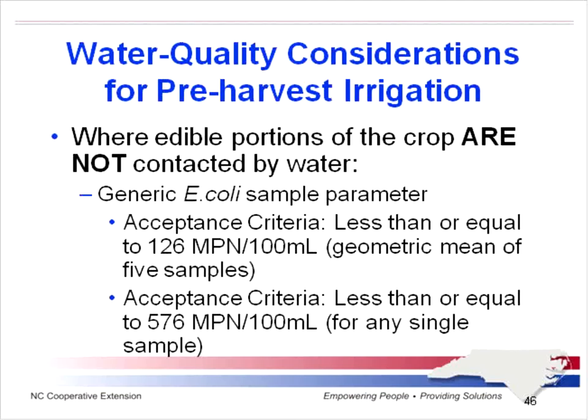Now the next question I know that you all have immediately is, where did they get these numbers? Since there aren't hard science numbers in the industry to support irrigation water quality, we have to look for guidelines from other industries. In this case, they got together a consensus of experts in water quality and looked for guidelines that exist already. For irrigation water, there are good science-based guidelines for recreational waters.